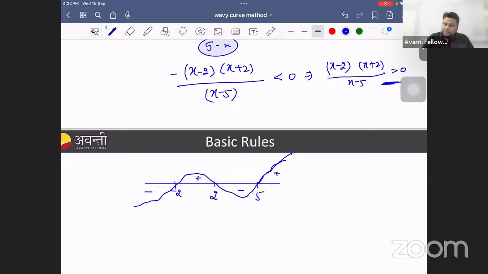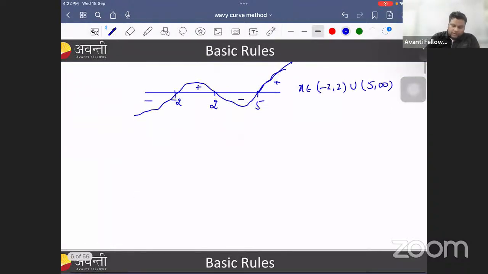So finally your x belongs to minus 2 to 2 union 5 to infinity. Am I clear? So it is minus 2 to 2 union 5 to infinite. Done. Now next way.